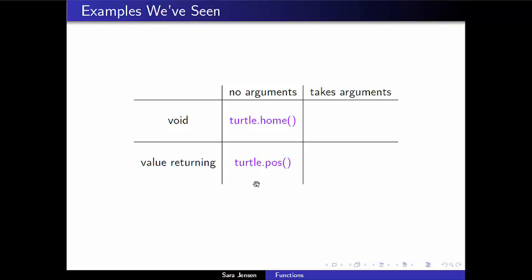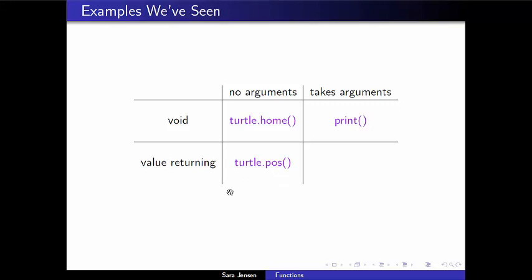So you could imagine that if you were drawing something and telling the turtle to go here, there, and wherever, you might lose track of where the turtle is, and you may need to know the position of the turtle before moving on to the next part of your code. If you've lost track of where the turtle is and you need that information, you could call Turtle's position method. You don't need to give it anything, but you do want it to give you something back. You want it to return to you the current position of the turtle.